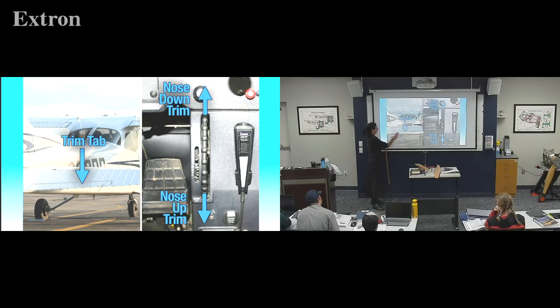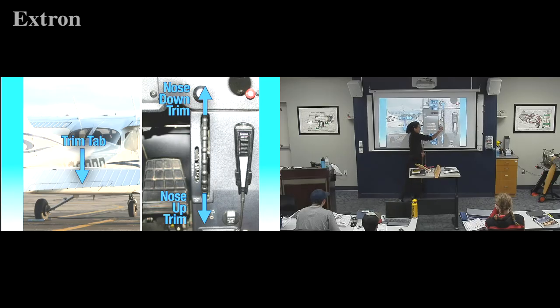This will deflect air to make the elevator more effective. Then you trim off, and now you can fly with just two fingers and not have extra pressure. So you set your attitude, trim off your pressure to relieve pilot workload. Pilots don't like to work, apparently.